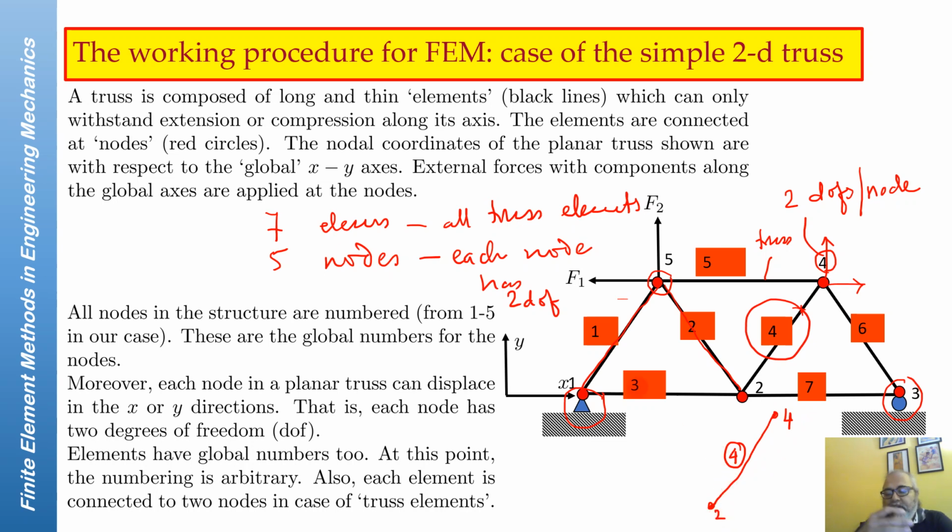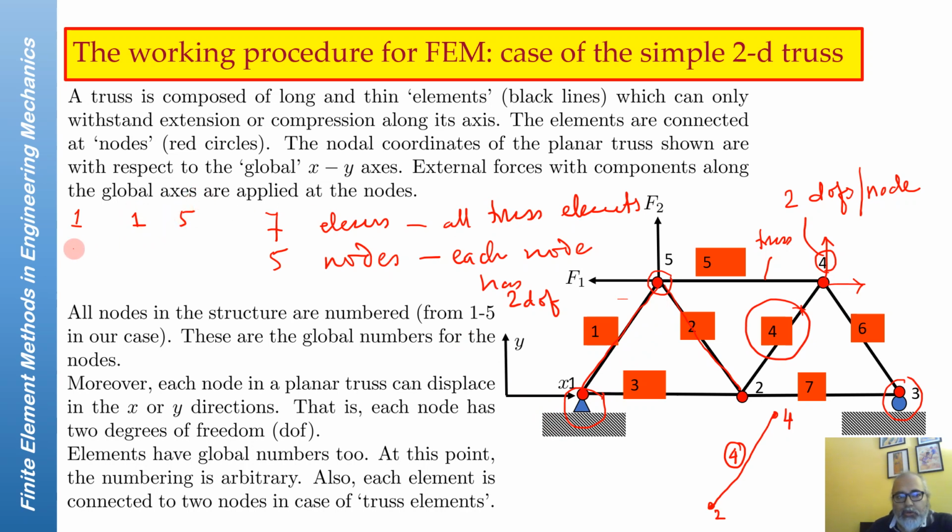So in a finite element code, the input to a finite element code would be these connectivity tables. So the connectivity table will say, for example, element 1 is connected to nodes 1 and 5.